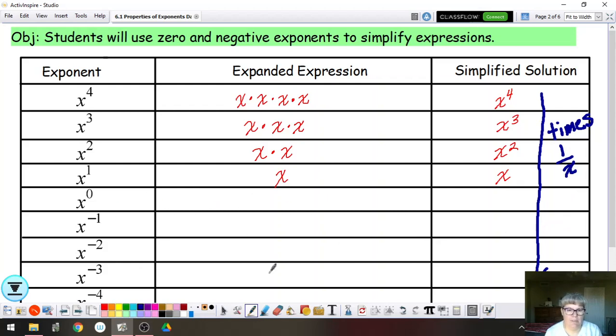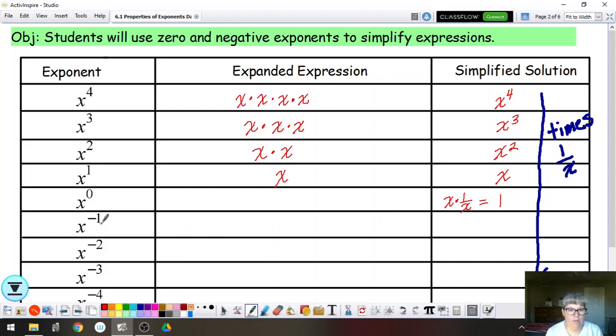So x to the 0, if I take x times 1 over x, that's going to be 1. So anything to the 0 power is going to be 1. It doesn't matter what number it is, how large or how small it is. Anything raised to the 0 power will always be 1.